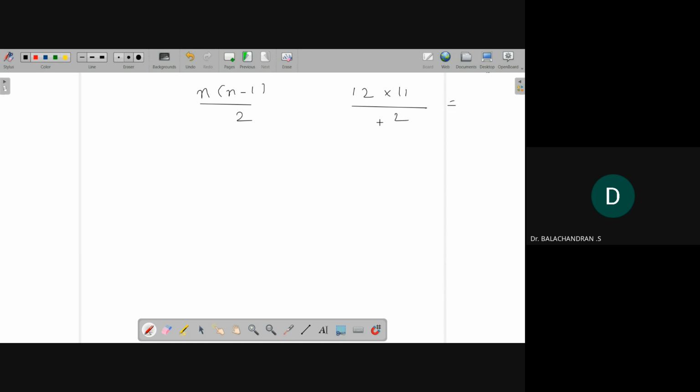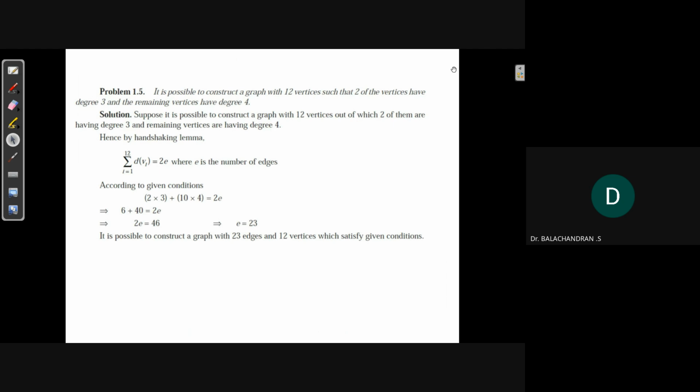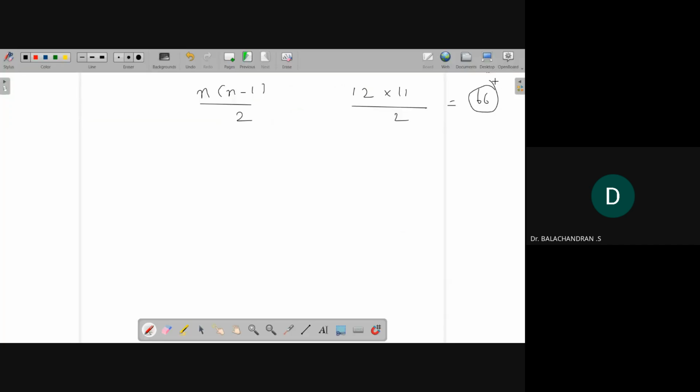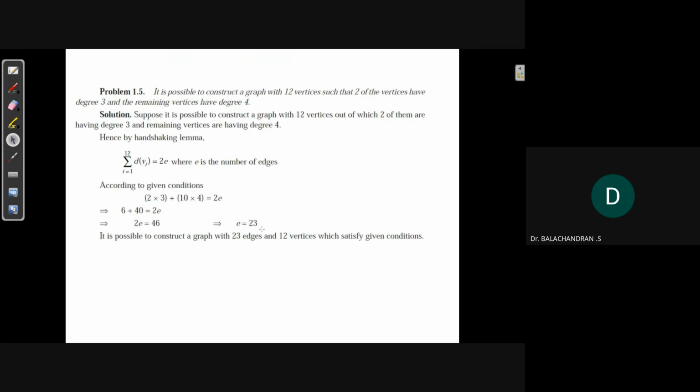So it is 66 edges. If it exceeds 66, we cannot draw a graph. But 23 is less than 66. So okay, we can construct a graph with 23 edges.